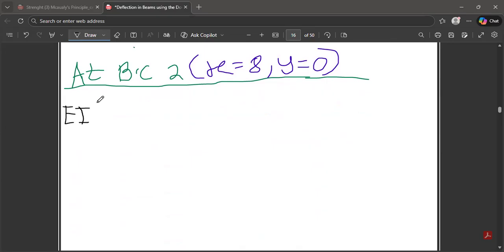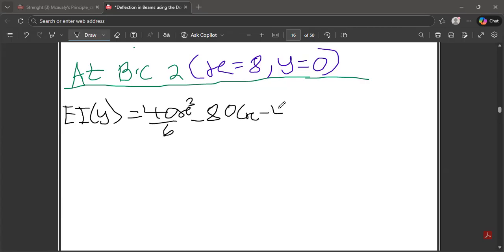So EI y is equal to 40x cubed all over 6, minus 80 multiplying (x minus 4) all cubed divided by 6, plus C1x plus C2.